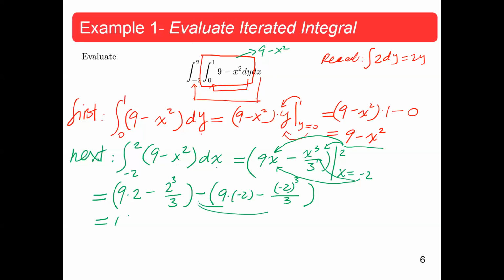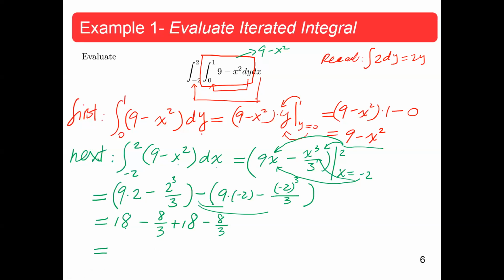First of all, we have 18 minus 8 over 3, and this minus turns to plus 18, and the minus turns to plus again. These two negative signs turn to plus, and then you still have a -2 cubed, which is -8, right? -8 over 3. Is that good so far? Right track? Okay.